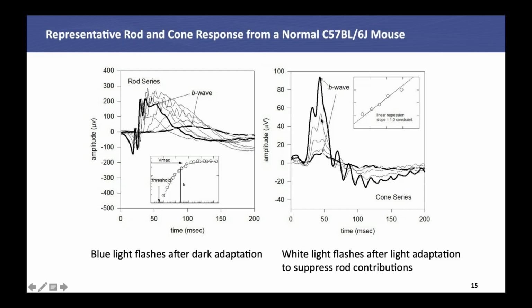And again, here you can see that the B wave gets bigger, but unlike the rod response, it doesn't get faster. And there are various ways of summarizing the response functions. Instead of using a single stimulus to describe function, you can summarize the entire series using, for example, the Michaelis-Menten or the Naka-Rushton function.